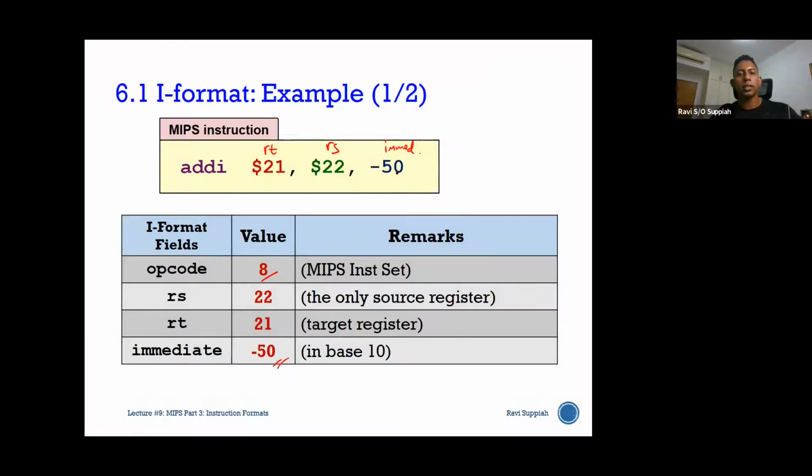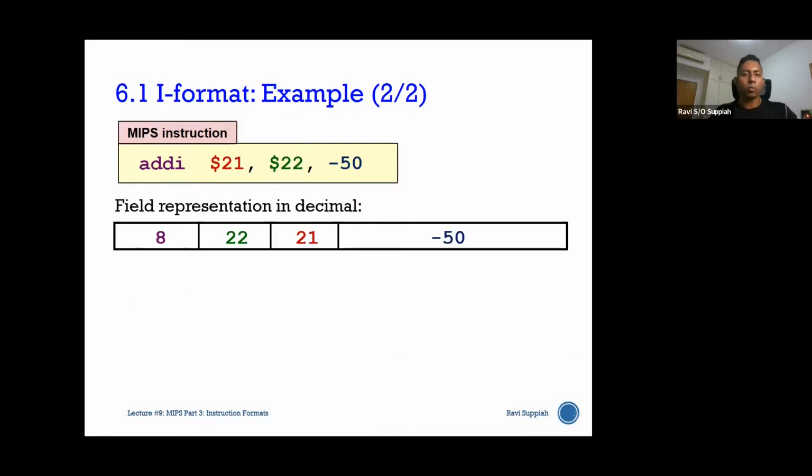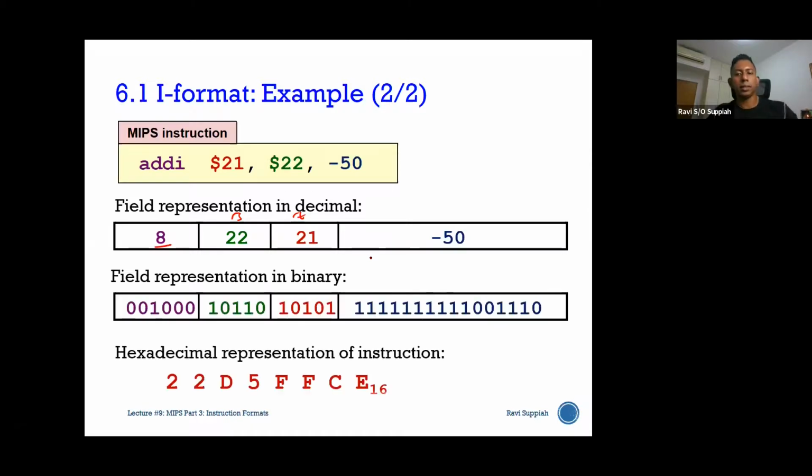In the instruction here, we have specified the immediate value as negative 50 in our normal decimal representation. Now let's see how we can put that in the instruction. First is of course the opcode 8, followed by RS and RT. The next step is the interesting part. 8, 22, and 21, no problem. We can directly translate. Negative 50, again, we need to make sure we represent it in the correct form. Again, this is 2's complement.